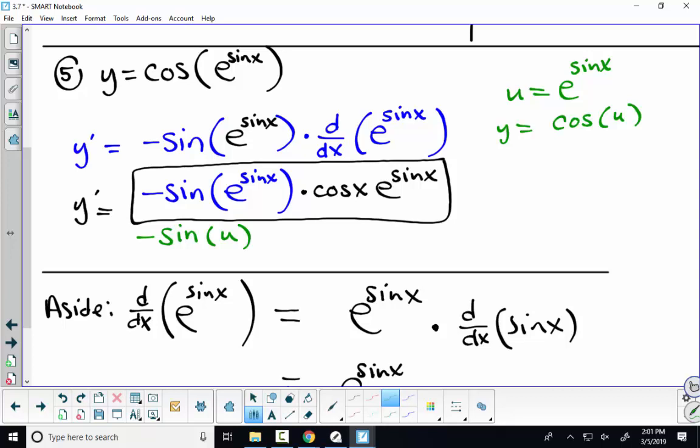You might say v is equal to sine x, so that function is e to the v. So I think version 1 is a lot easier if it makes sense to you, because then we can take all of these subsequent derivatives and compute them off to the side and put them back in.